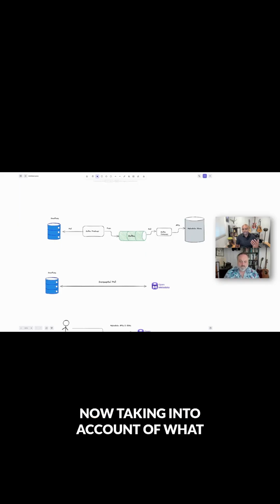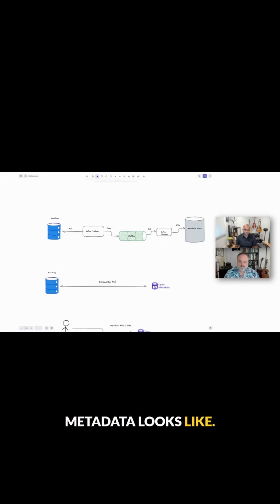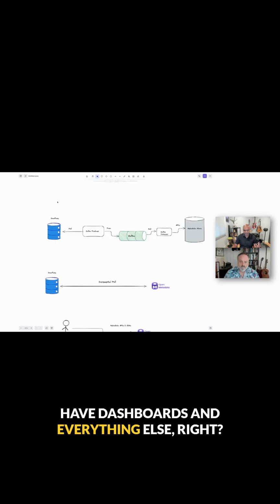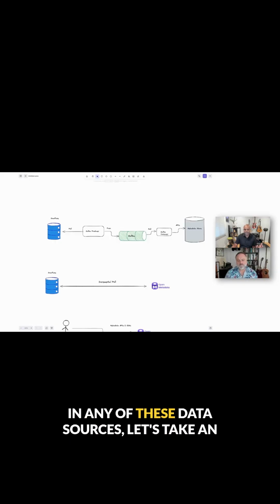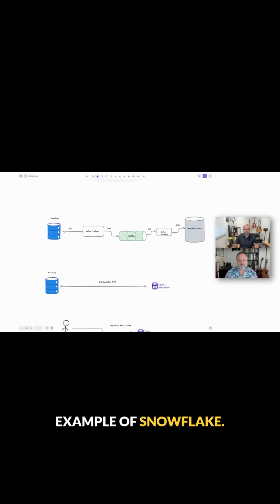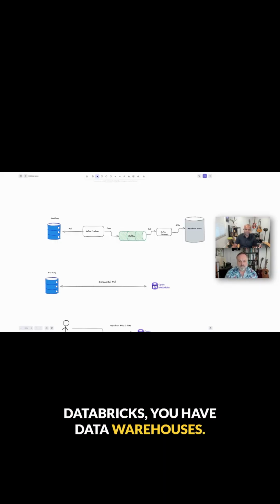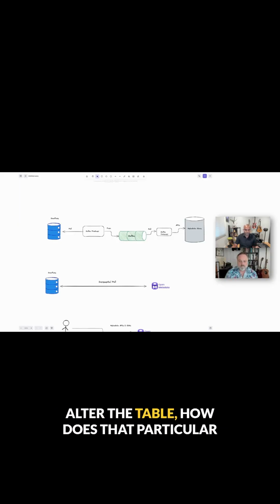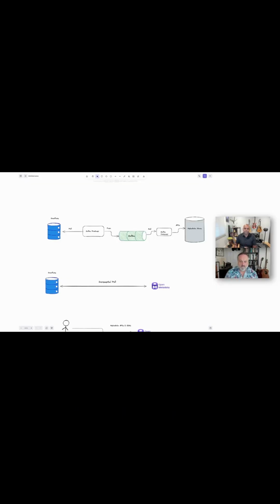Now, taking into account what metadata looks like. You have Snowflake, you have Tableau, you have dashboards and everything else. In any of these data sources, let's take an example of Snowflake, Databricks, you have data warehouses. Whenever you create a table, whenever you alter the table, how does that particular event translate into a metadata event that can be captured and pushed into OpenMetadata?